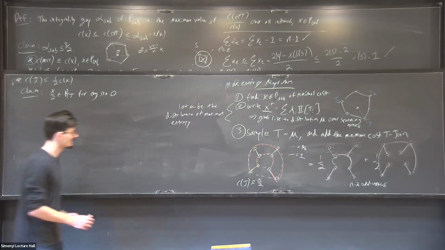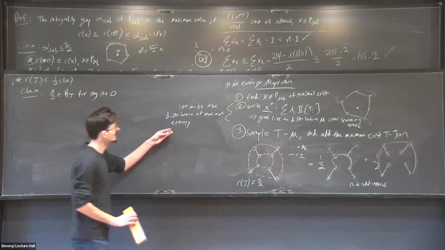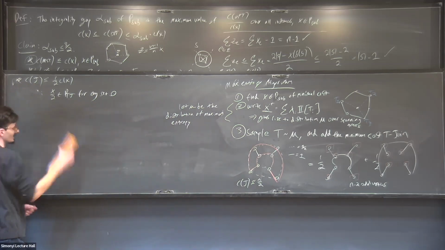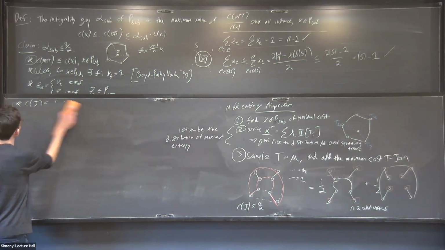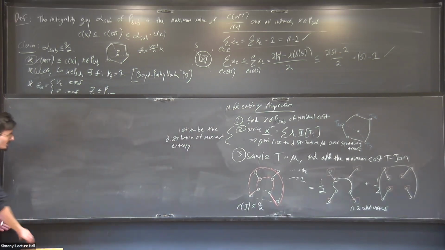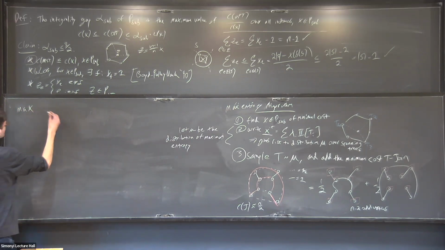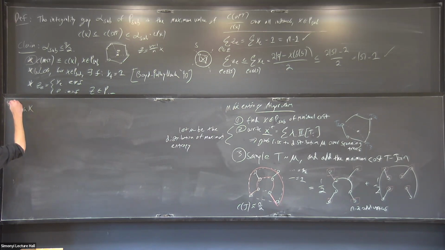Right, so now this looks a bit sketchy, right? Why can I find this thing? Maybe the most natural thing you'd start with is some convex program where I want to maximize, so I'm going to create a variable PT for every spanning tree of the graph.